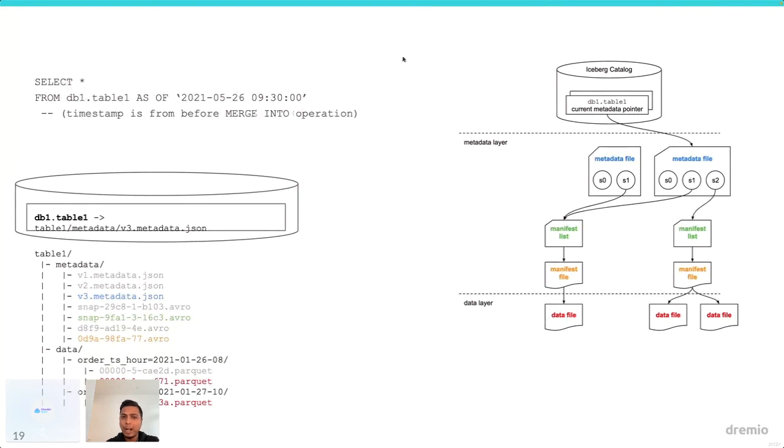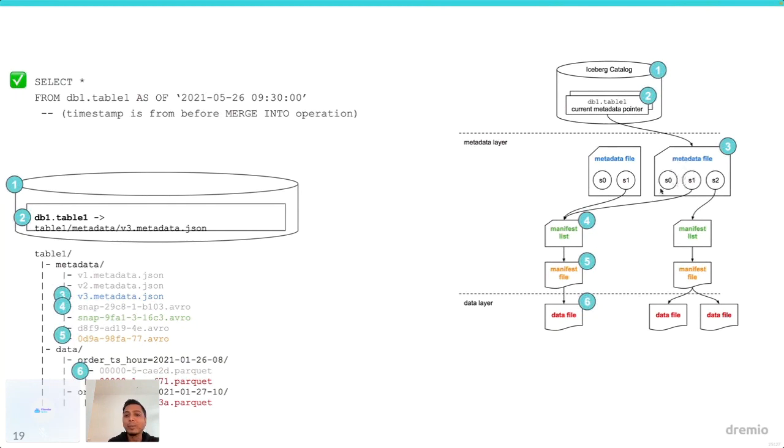So what Iceberg will do is, let's say hypothetically this is a particular timestamp that is before the merge into that we did and after the insert, right? So that's the hypothetical scenario. Now Iceberg is going to follow the same path again. It goes to the catalog, asks for the current metadata pointer, and from that pointer it opens up that particular metadata file.